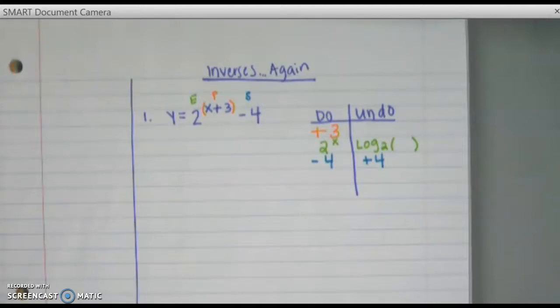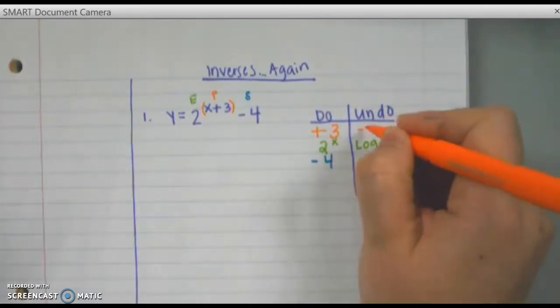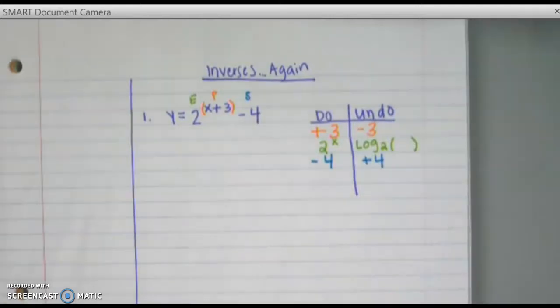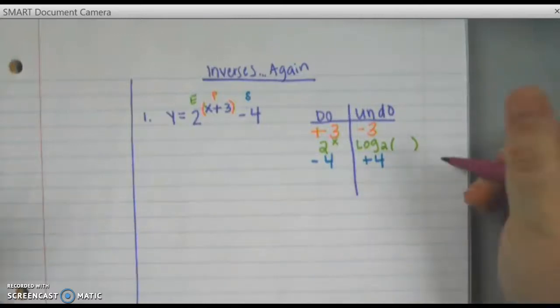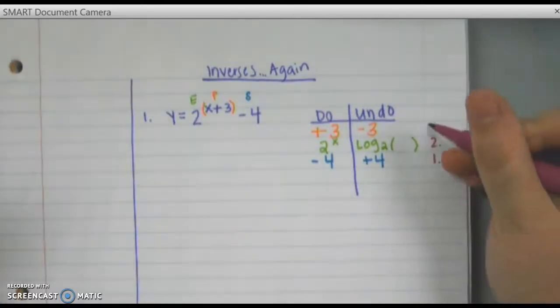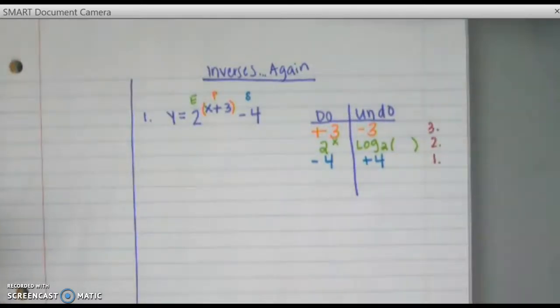For right now, this is just how I organize what I'm going to do. And the opposite of plus 3 is minus 3. We follow the list from the bottom to the top, so I have an idea of what steps I should be taking when I solve this equation.